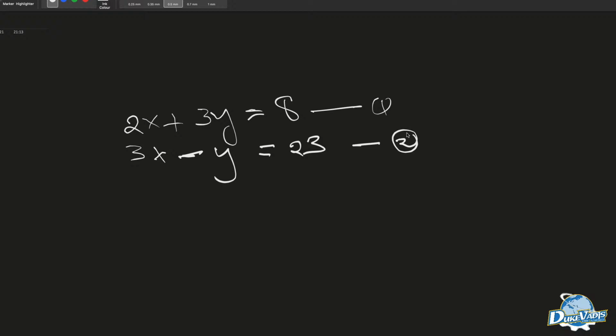Now we are going to use the elimination method.